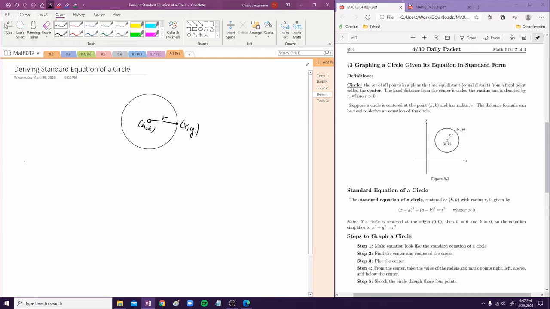So what is the distance formula? The distance equals the square root of (x2 minus x1) quantity squared plus (y2 minus y1) quantity squared. Again, r is our d.